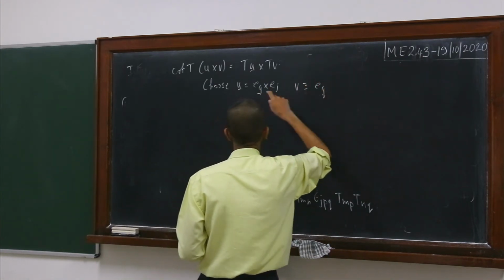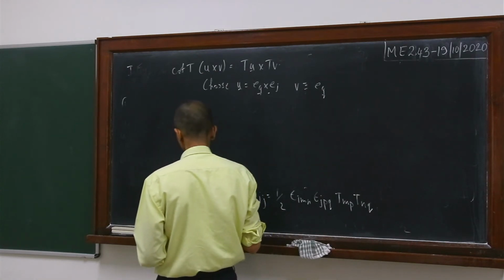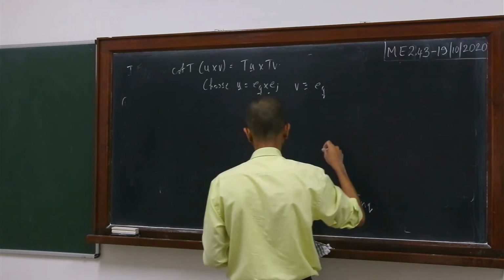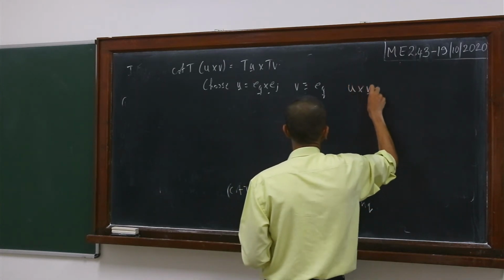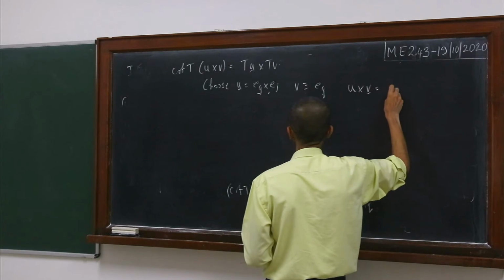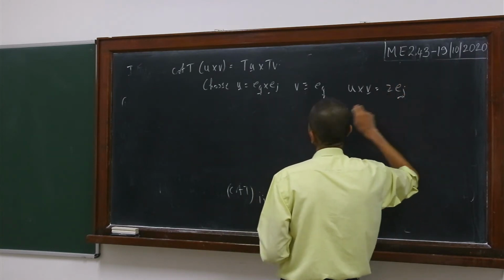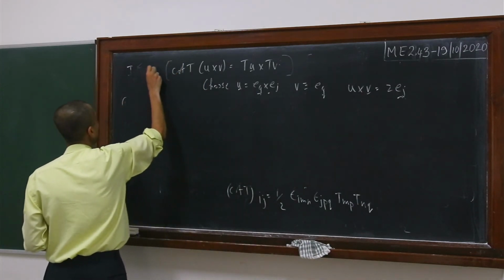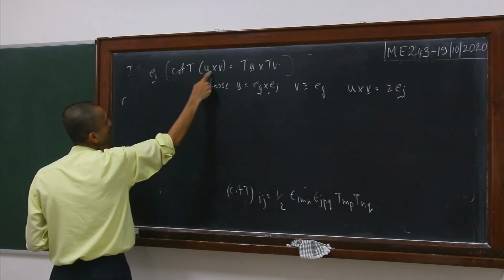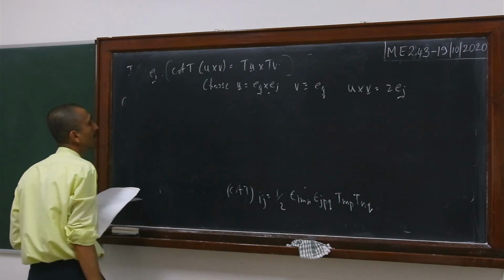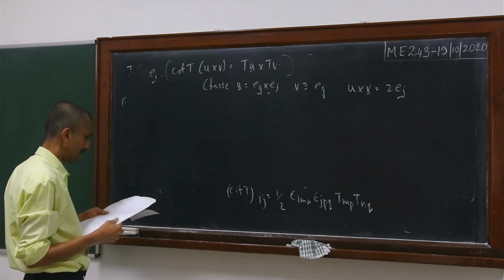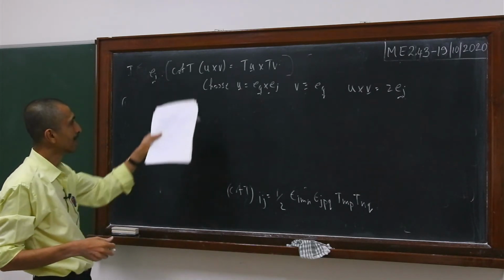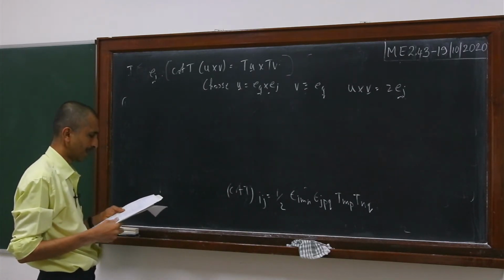Then again use the usual components of T and so on. First of all you will get U cross V as equal to 2 times EJ. Then maybe you will have to take the dot product of this whole thing with EI, correct? So that you will get EI dot EJ. So that will give you the cofactor Tij component of that one here, right?